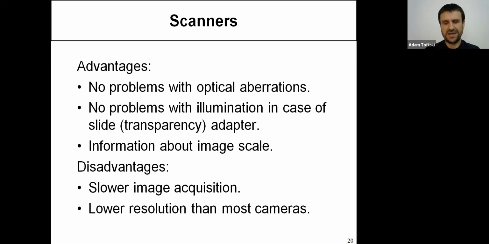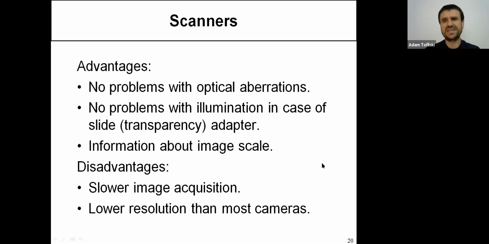When you use a cheap lens, the lens can distort the image, and this can add some error. With scanners, there is no such problem. Another good thing about scanners is good illumination, but only if you use a slide adapter, also called a transparency adapter. I will try to explain this device in a minute.